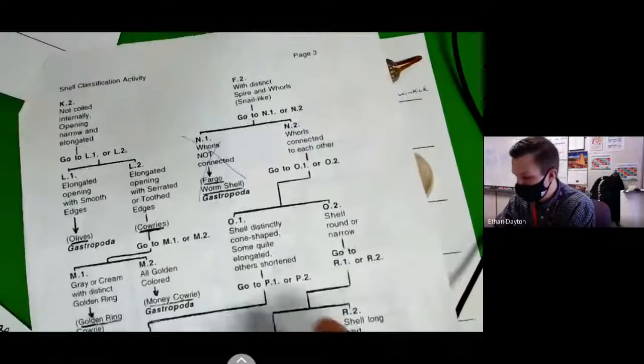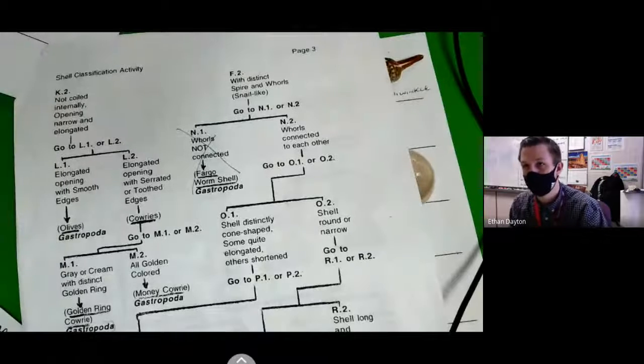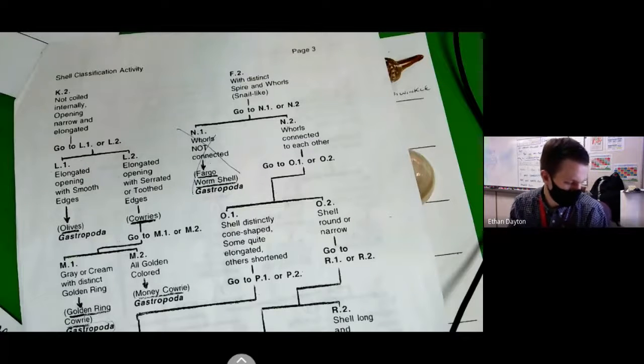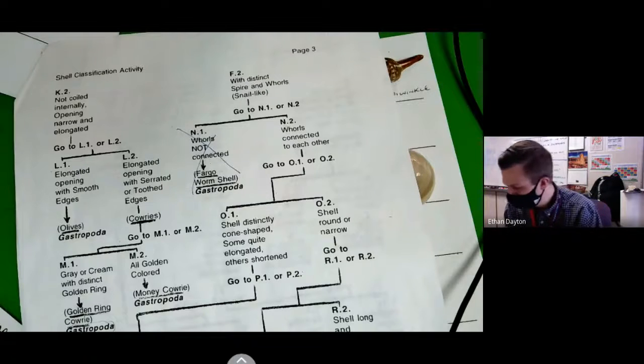Is the shell distinctly cone-shaped? Is it elongated or shortened? Or is it round or narrow? I don't really know.